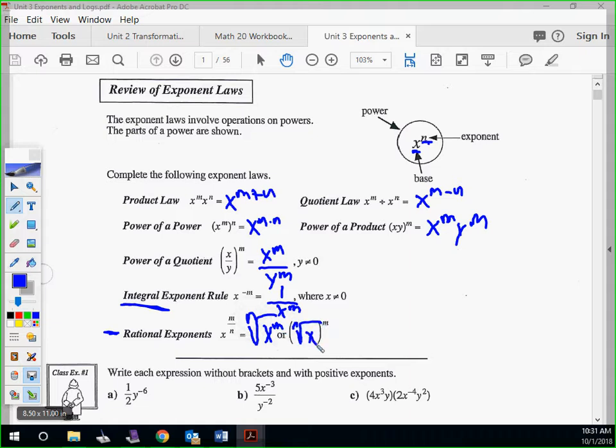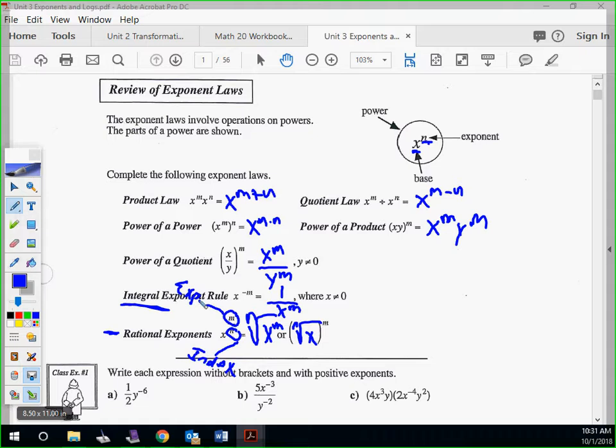So essentially, if you want to write a little note here, this right here is the index, and this is what you're doing to it. This is the power number, or let's say the exponent. Let's stay with the same terminology here. See what I mean? n is the index, m is the power.